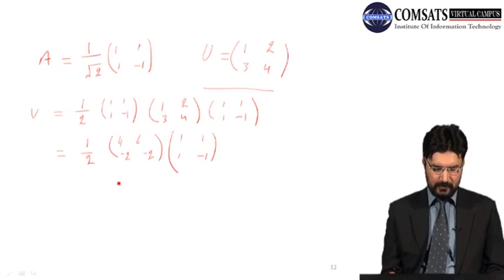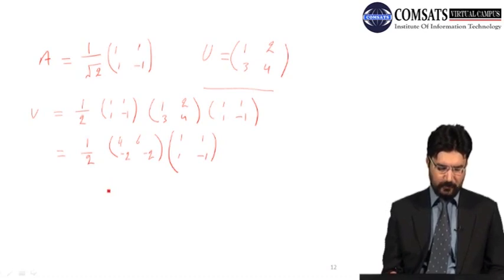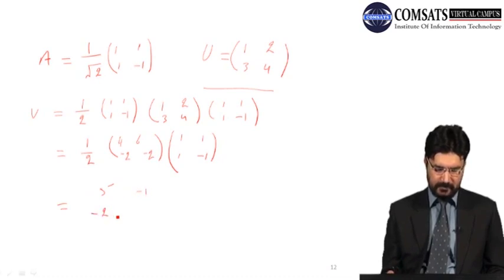And on completion of this matrix multiplication, the final coefficient matrix V will be 5 minus 1, minus 2 0. So these are the final values of our coefficient matrix V.